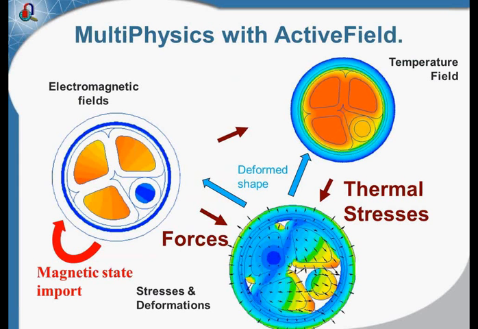This allows us to take into account change of geometry, displacements calculated in the stress model, and bring this back to modify the settings for thermal or electromagnetic problems. So this loop of couplings may be closed using ActiveField programming.